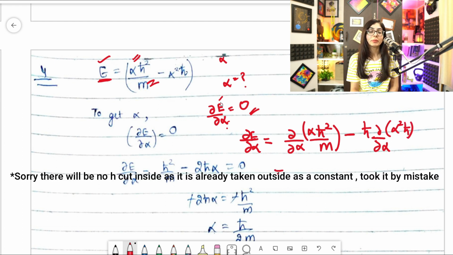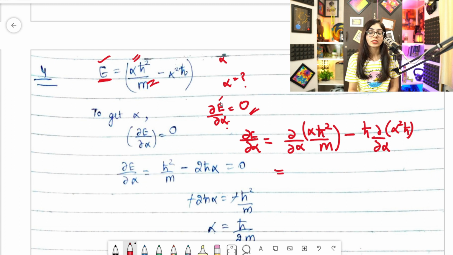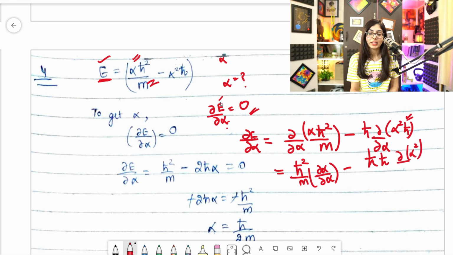So now for people who belong to bio background, just pay attention. Whatever is constant, you'll take it outside. It is H cut square by m, del alpha by del alpha, minus again H cut comes outside, and it will be d alpha square by d alpha.